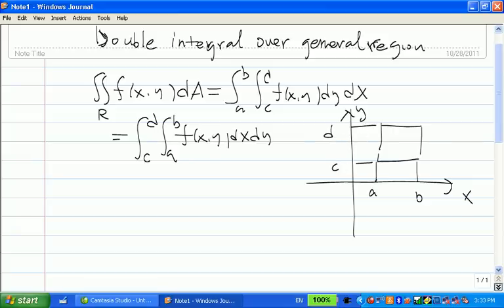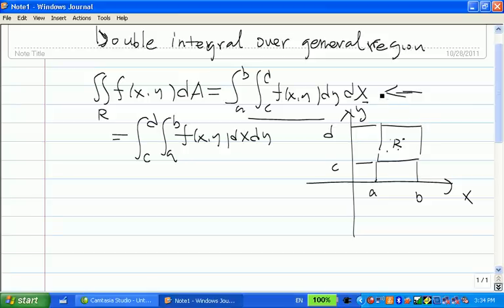You can view it this way. Look at this one. The outside one is dx, x is from a to b, and inside, y is from c to d. Now, you project this region R onto the x-axis. You have so many points here. For all those x, find the smallest x coordinate, which is a, and the largest one, which is b.